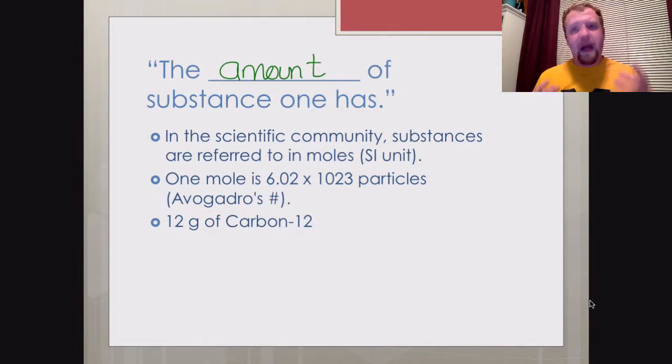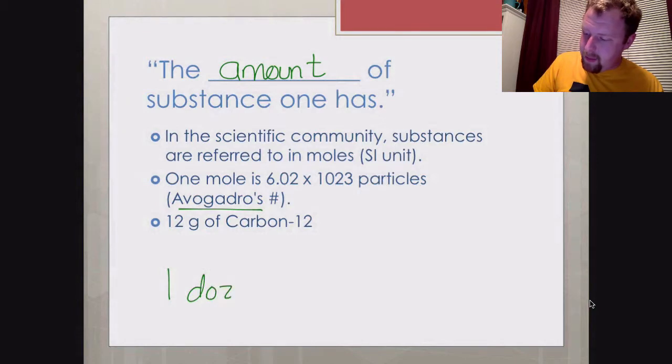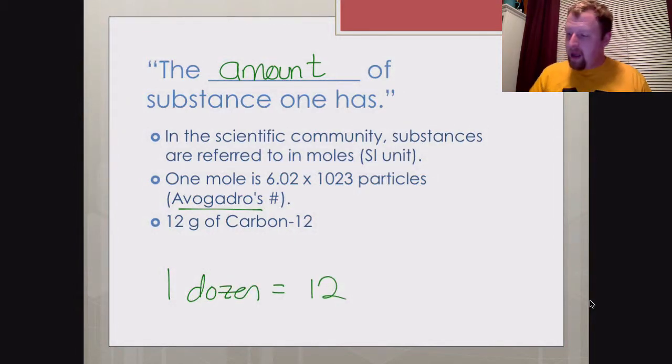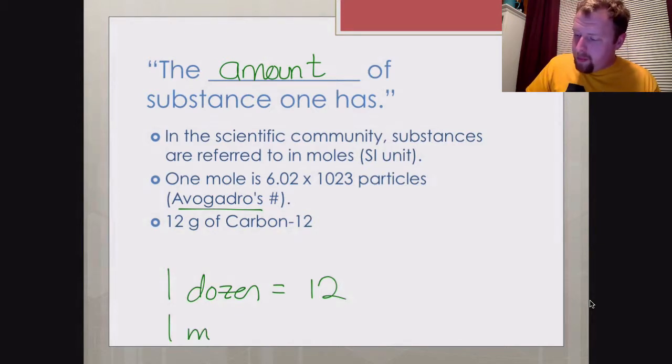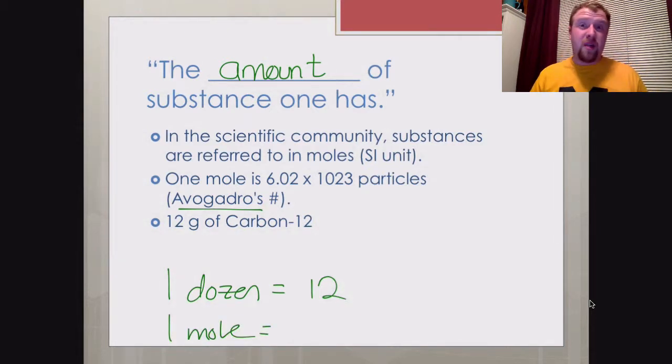So what a guy by the name of Avogadro did is he said, let's group these into things we'll call moles. And we're not talking about the blind little creature that burrows through the dirt. We're talking about a number, kind of like a dozen. One dozen is really 12. Well, one mole is really just a much, much bigger version of a dozen.